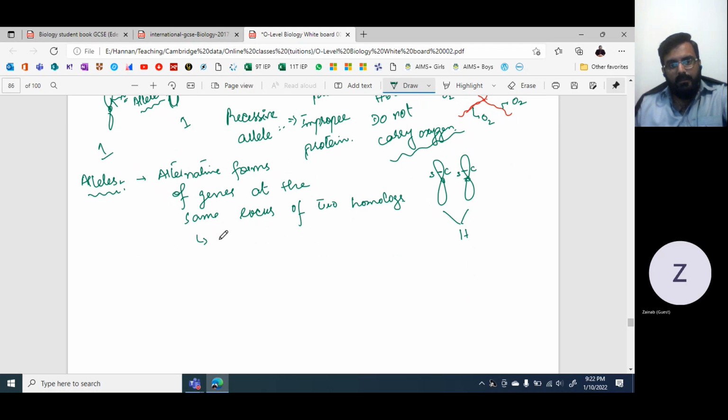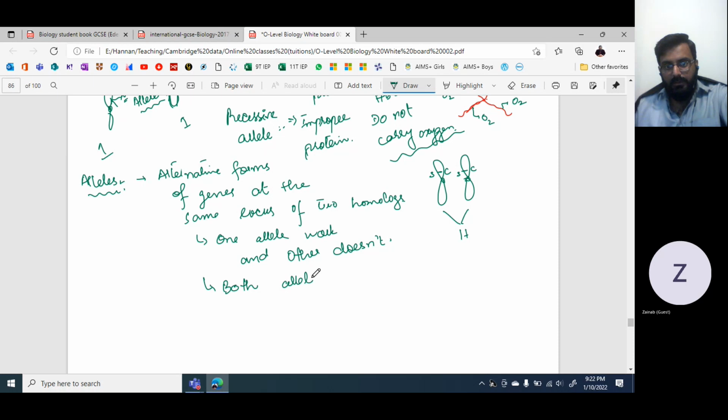That sometimes one allele works and the other doesn't. We did discuss this a few seconds earlier. And then we also mentioned that both alleles work properly.